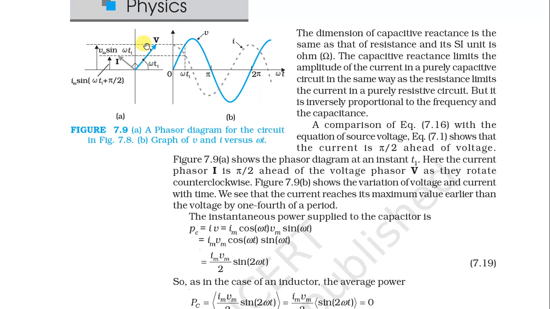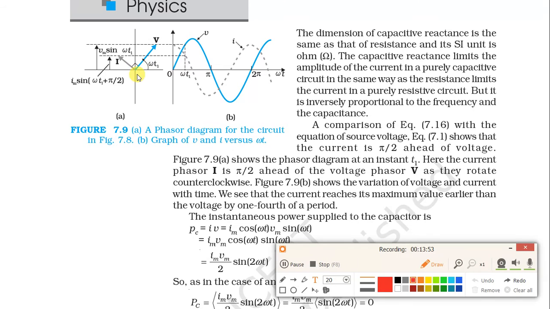Suppose it were minus, then we would put it on the other side. But we are adding here, therefore I is Im sin omega t plus pi by 2. This is in the anticlockwise direction.